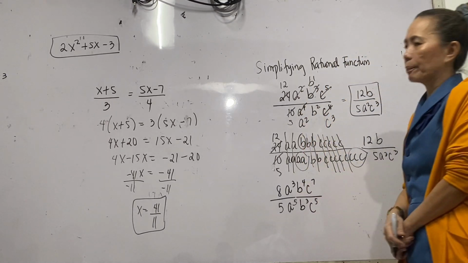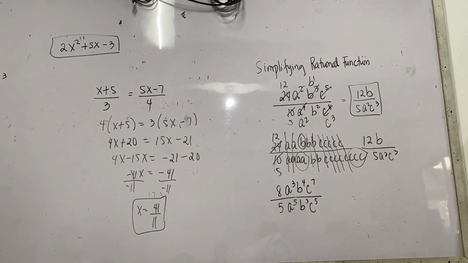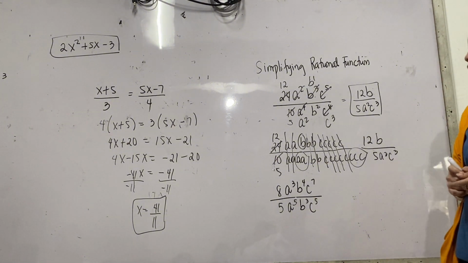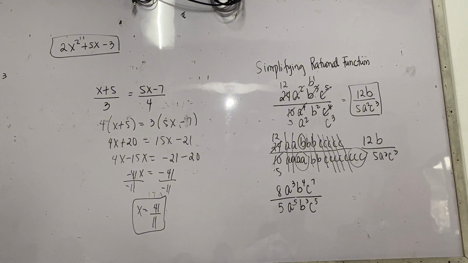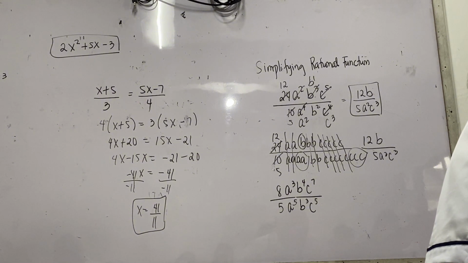Okay, pakigawa nga po, pakisimplify. 8a^3b^4c^7 over 5a^5b^3c^5. How are you going to simplify?